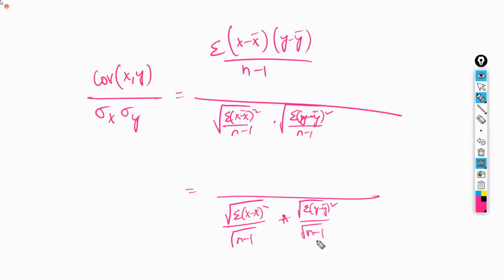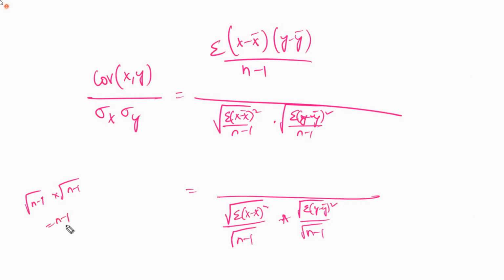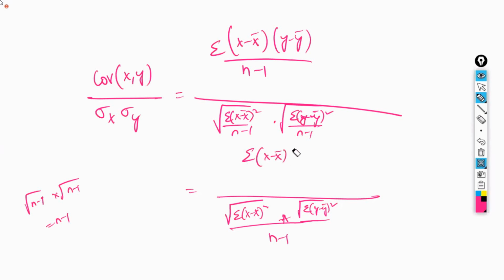Square root of n minus 1 into square root of n minus 1, can I write as n minus 1? In the numerator you anyway have (x minus x bar) into (y minus y bar) divided by n minus 1. This n minus 1 and this n minus 1 will be cancelled. Clear?